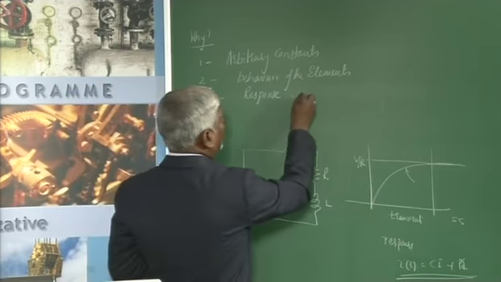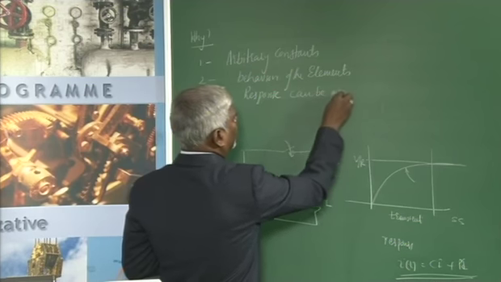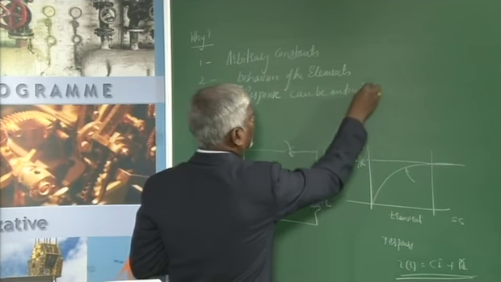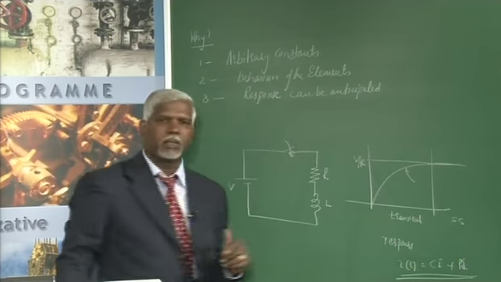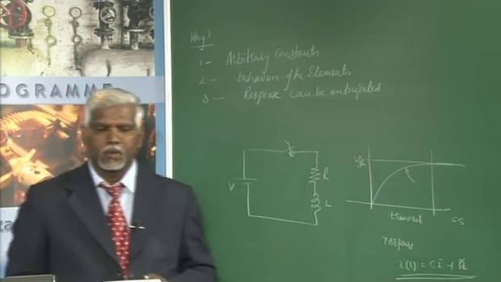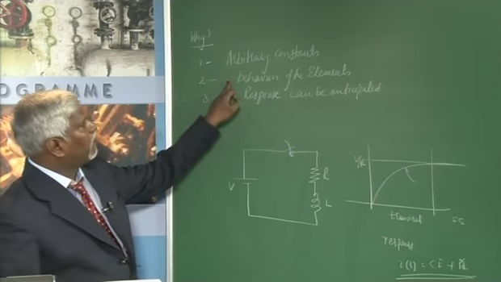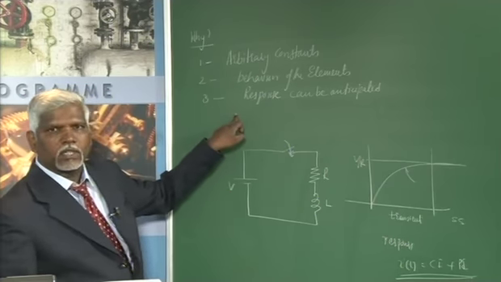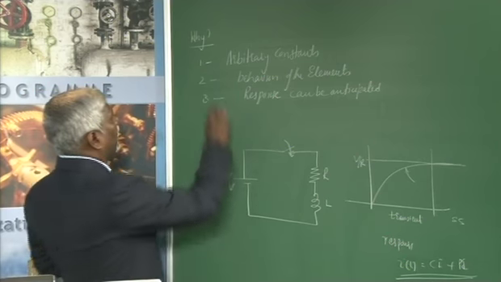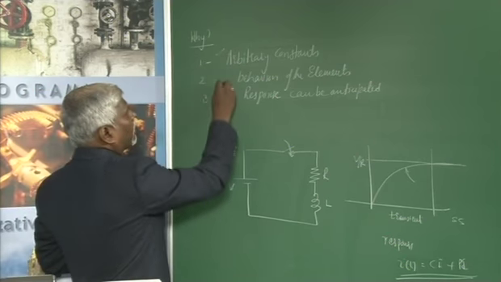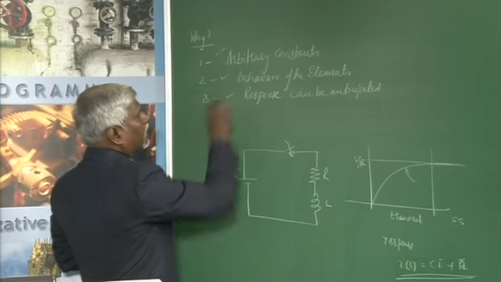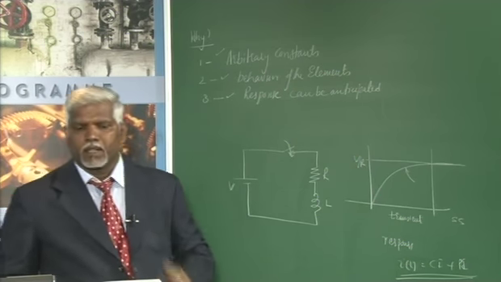Response can be anticipated. We will substantiate all this with an example as we go ahead in the class. It also helps us to understand the element's behavior along with the active sources and with other elements. So, we can get the arbitrary constants, we will know the behavior of the elements, and the response can be anticipated.